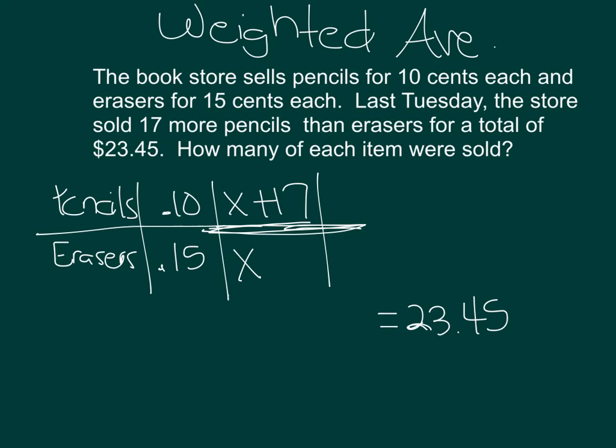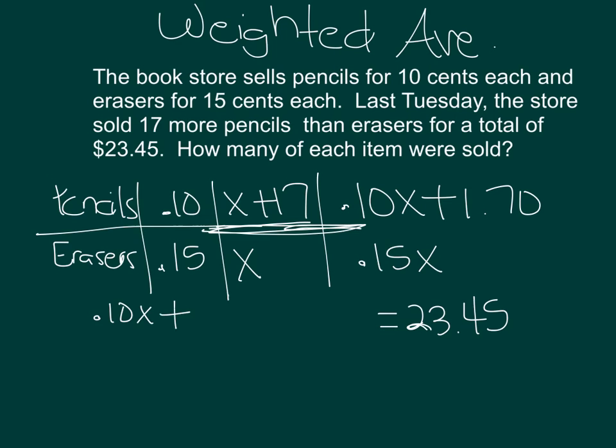So the next thing I need to do is take 0.1 times x plus 0.1 times 17, which is going to be $1.70. And on the erasers, we have 0.15x. So my equation is 0.10x plus $1.70 plus 0.15x.